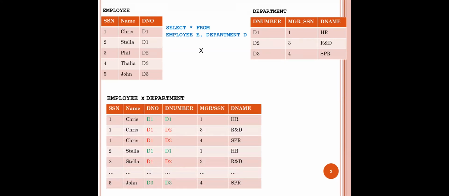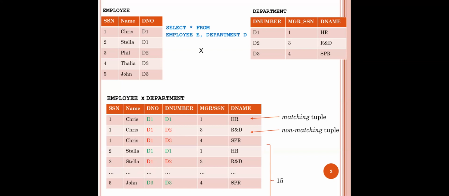And of course, if we inspect this outcome, we will see some matching tuples. Actually, these are the real tuples that should be matched because they have a real meaning. For instance, Chris is working in the first department because the foreign key department number attribute of the employee relation is referring to the primary key department number attribute of the department relation. But also, due to the fact that we do not have the where clause in our SQL query, we are also generating non-matching tuples.